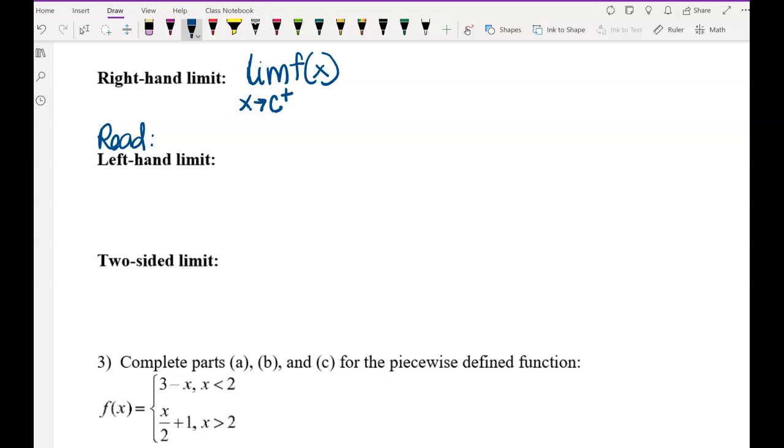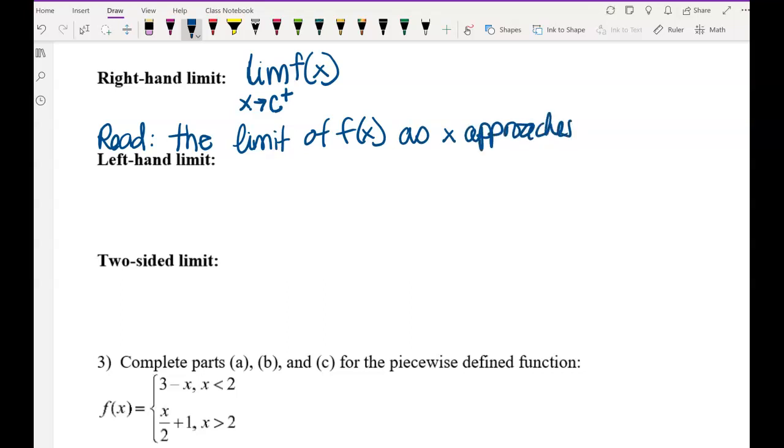The limit of f of x as x approaches c from the right.